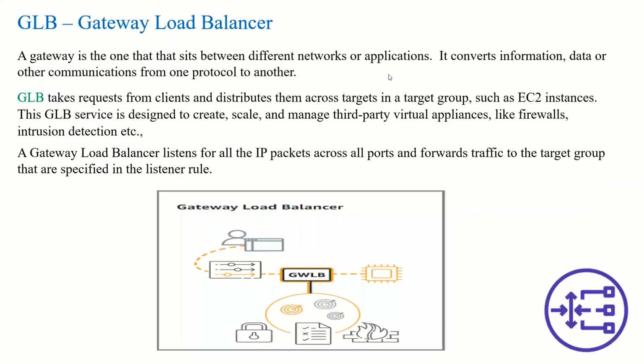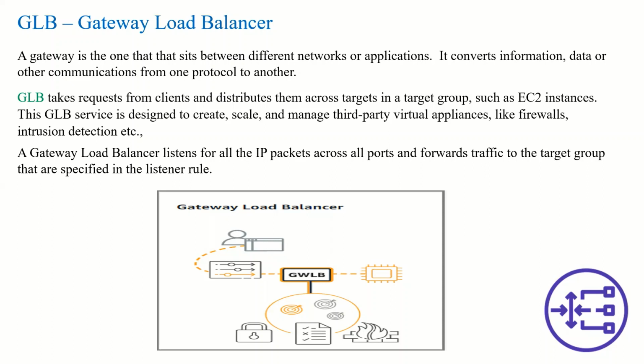The third category is the gateway load balancer. A gateway is the one that sits between different networks or applications. It converts information, data, or other communication from one protocol to another protocol. When you say different networks, maybe you have an on-premises data center and a data center in the cloud.